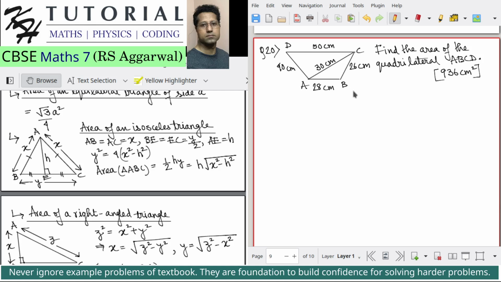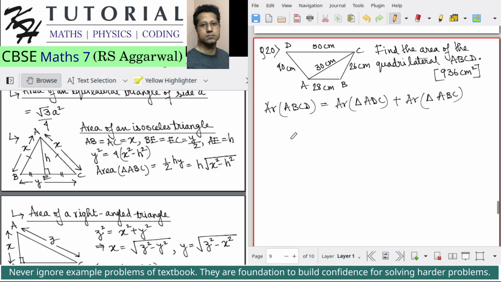But we can divide the quadrilateral: the area of the quadrilateral ABCD is nothing but the area of the triangle ADC plus the area of triangle ABC. And we know the length of all the sides of these two triangles. So we can easily find the area of these two triangles ADC and ABC using Heron's formula.